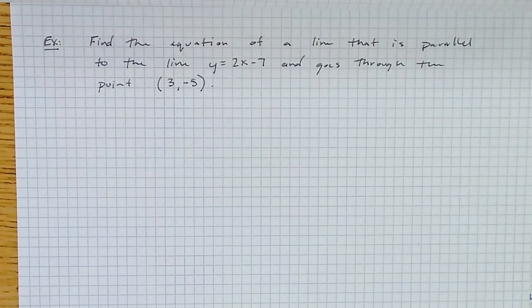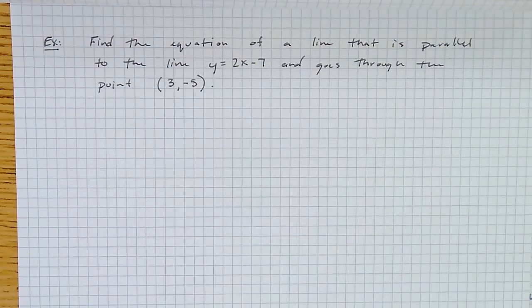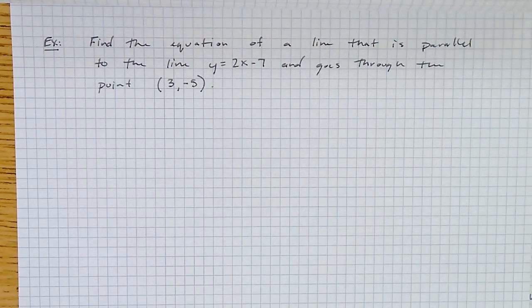Okay, so these are the questions you will most commonly see, where they ask you to find the equation of a line that is parallel to a line or perpendicular to the line and then goes through a specific point.